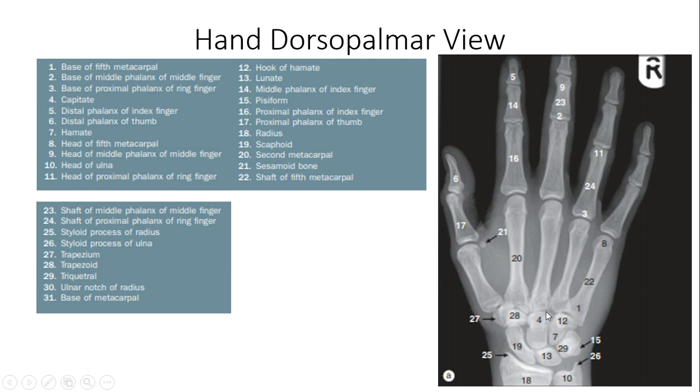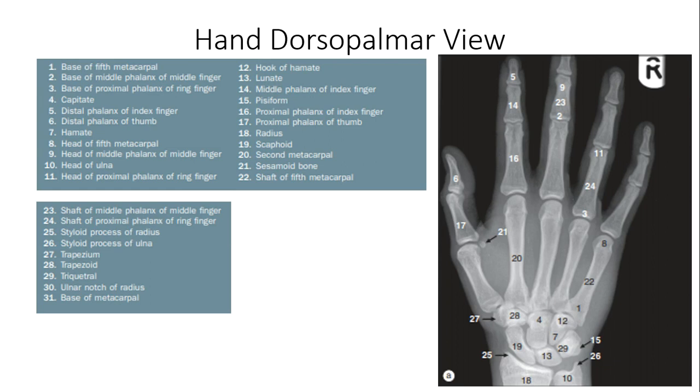Metacarpal bones have a proximal end, called the base, and a distal end, the head. The bases articulate with the carpal bones, and these joints are called carpometacarpal joints.